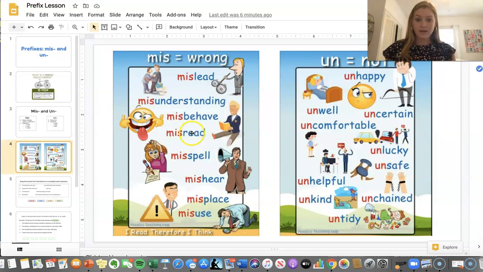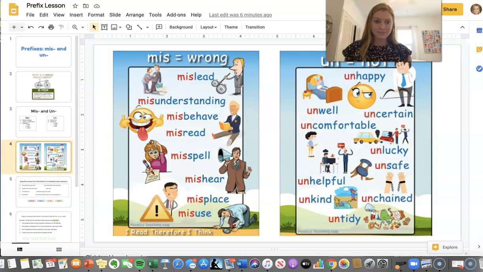Misread, misspell, mishear, misplace, and misuse are more examples. So these are all showing that it was done wrong. So if you misplace your, let's say, iPad, you put your iPad in the wrong place. So those are examples for miss.